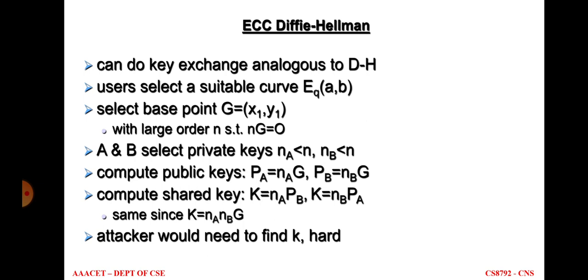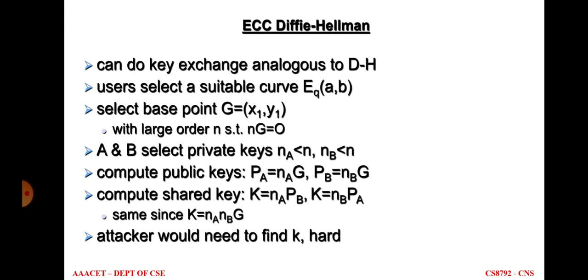By using the above values, we can easily compute the shared key, that is k is equal to NA into PB, and k is equal to NB into PA. We can clearly see this in the shared key, because Diffie-Hellman is used to generate the key value that is shared between two users. So here the shared key value k is NA into PB.